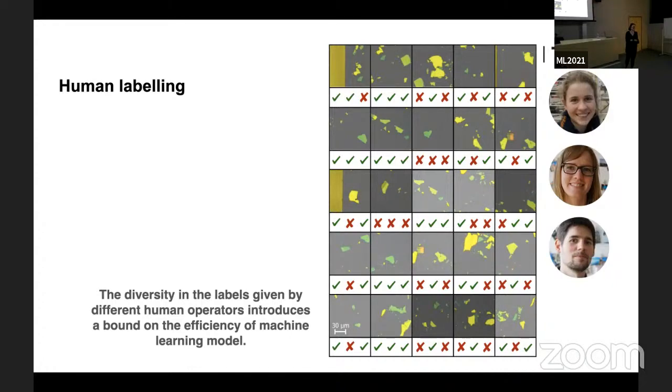Go ahead, please. So my question is the following. You have many students labeling the flakes, and then would it be a possibility that, instead of choosing the labels that had the highest agreement, you take the average?